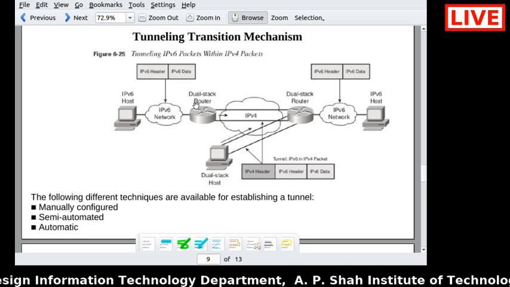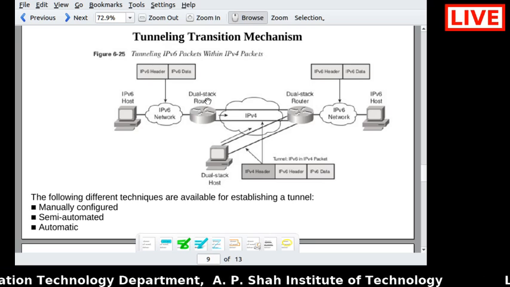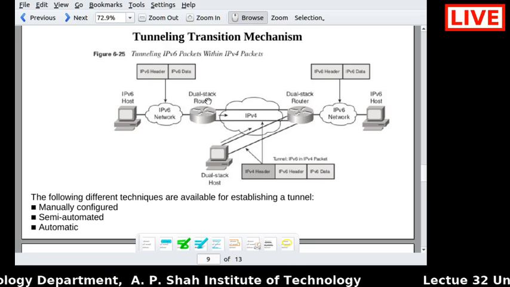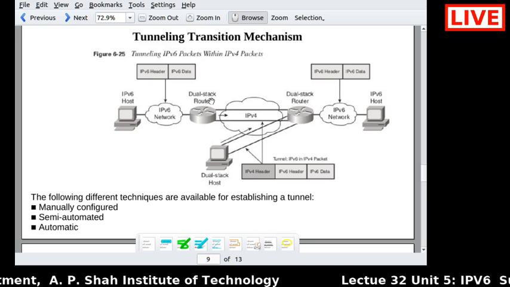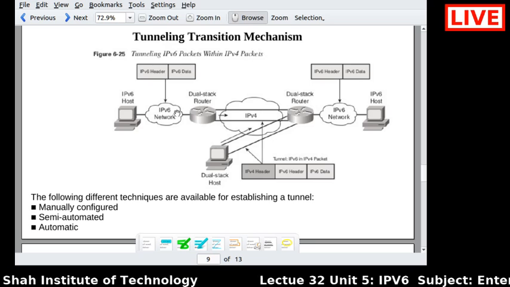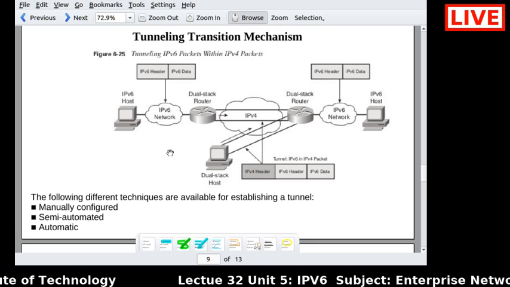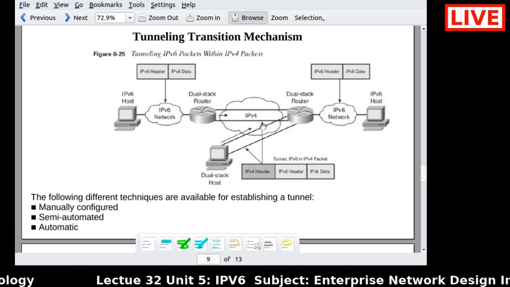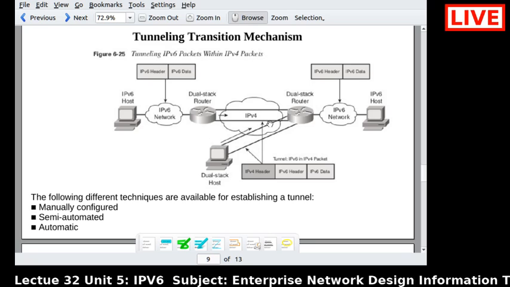After that it associates the tunnel from the client to one of the tunnel servers, and then it can be used. So with the help of a tunnel broker, they achieve this tunneling, in short. You need to understand that.